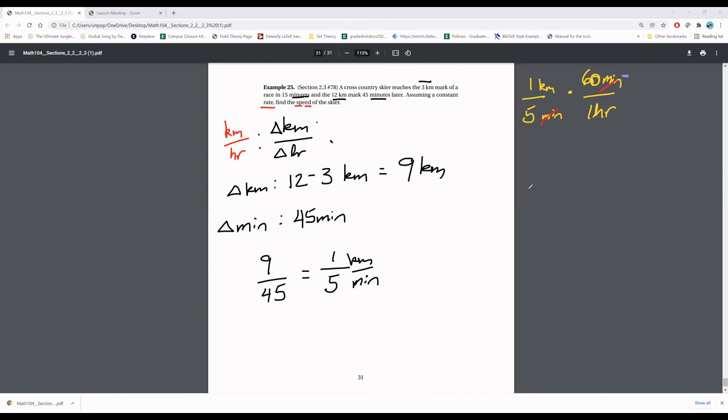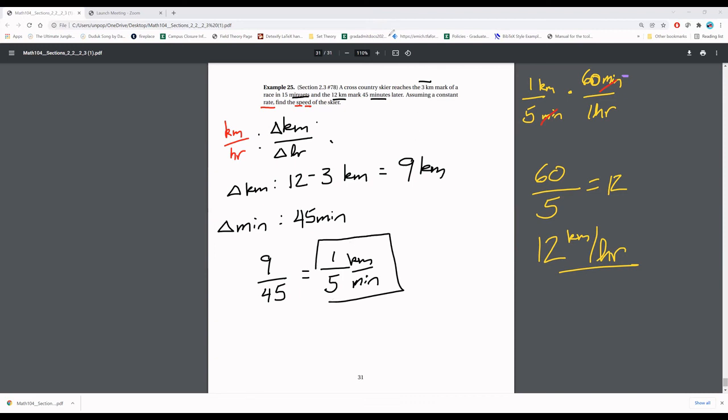So I have 1 times 60 is 60. And then 5 times 1 is 5. 60 divided by 5 is 12. So if I want this in kilometers per hour, the speed of the skier is 12 kilometers per hour. So either one of those is correct.